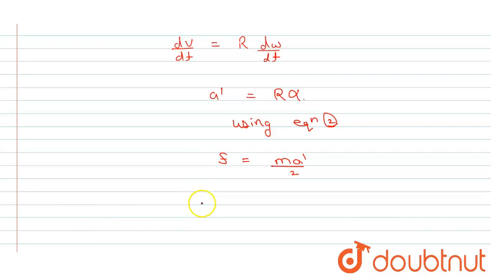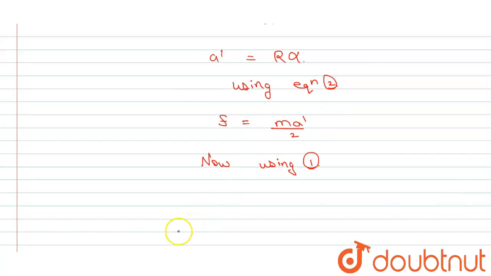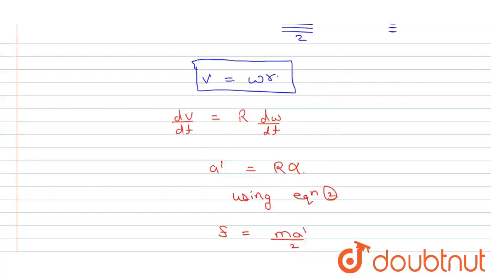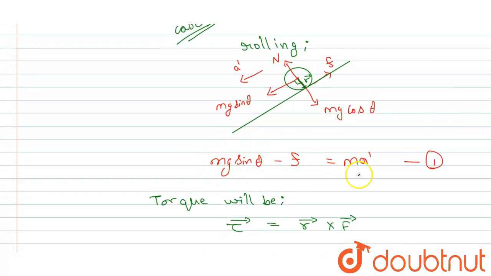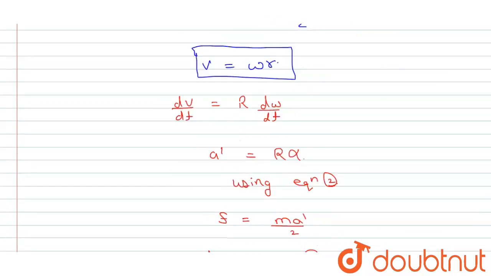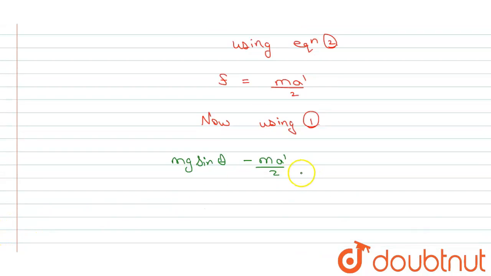Now using equation 1, we get mg sin theta minus m a dash by 2, because we are putting the value of the frictional force, equal to m a dash.